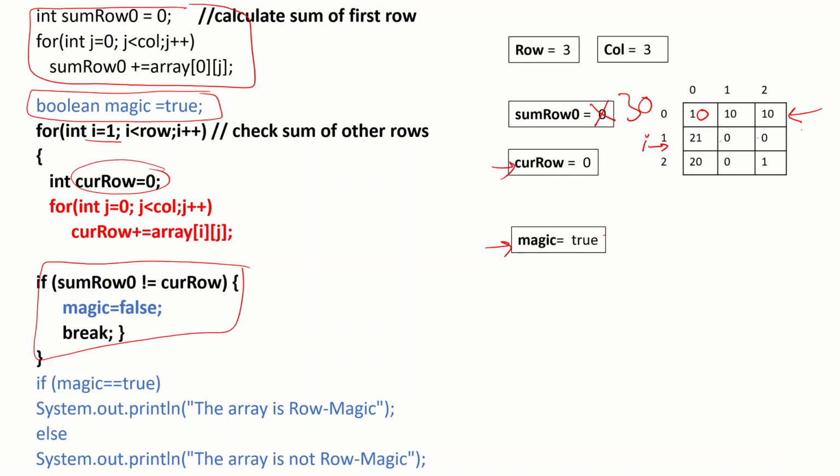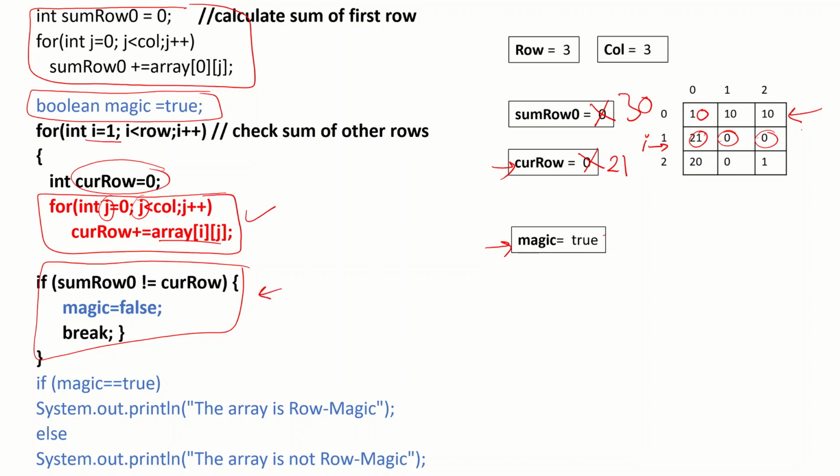Now go and check the summation of the current row. Go through each column from the beginning till the end, take the value, and add it to the summation. So we will take these values, 21 and zeros, add them to the summation, and we will end up with 21.